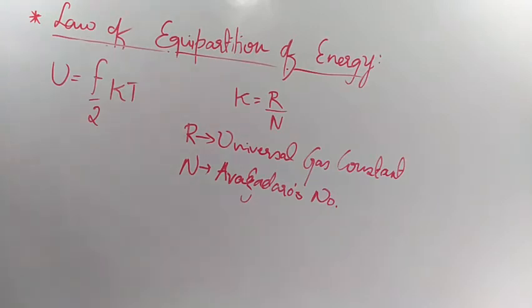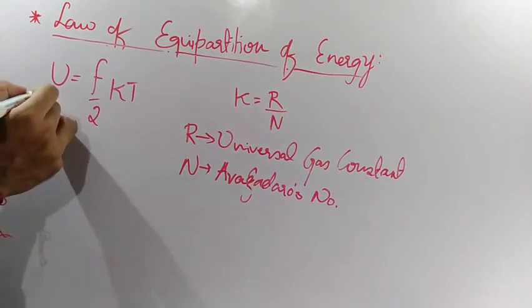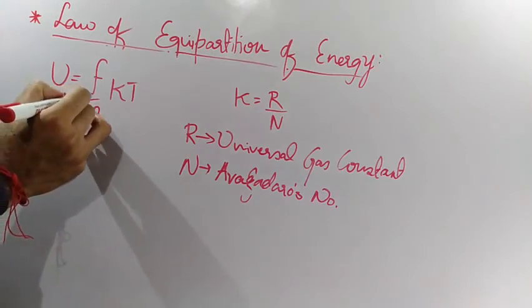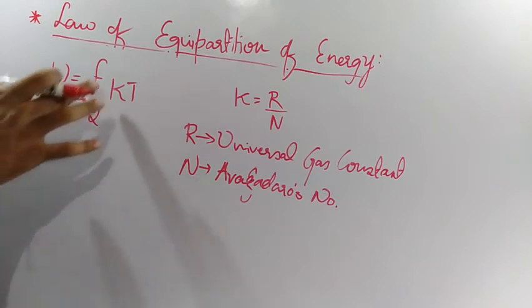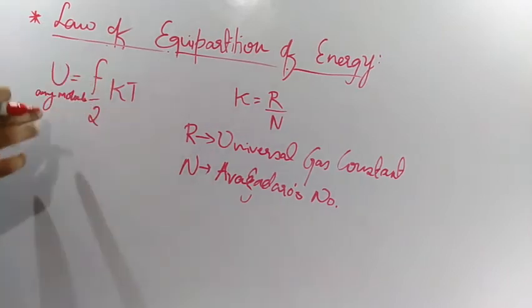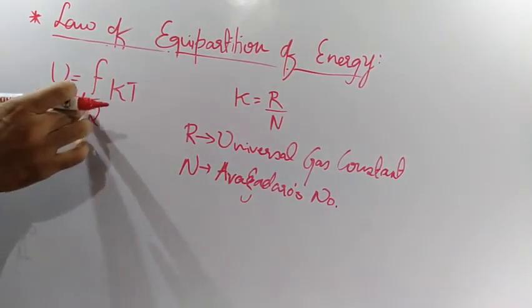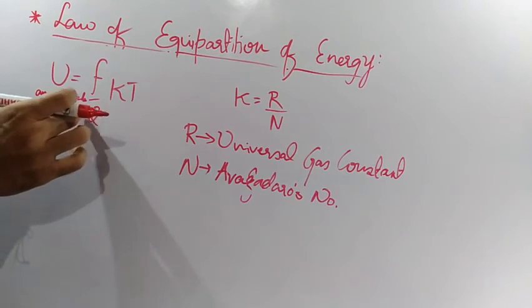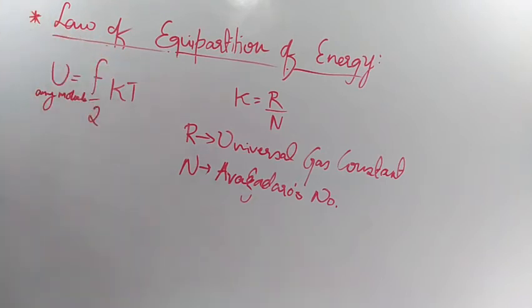Clear? Now, if I want to write this energy, U is nothing but what? Internal energy. Remember, U for any molecule we had written. Any molecule means monoatomic molecule with f value 3, diatomic molecule with its corresponding f value, linear polyatomic molecule with its corresponding f value, and non-linear polyatomic molecule with its corresponding f value.